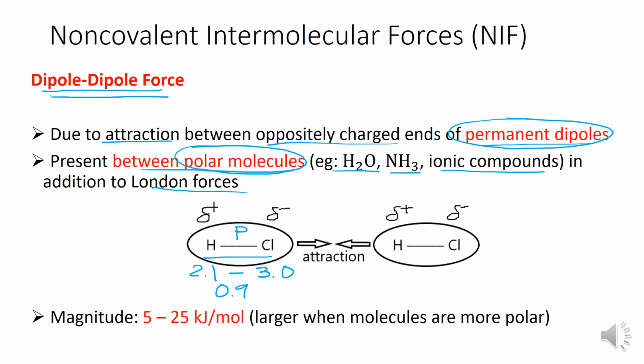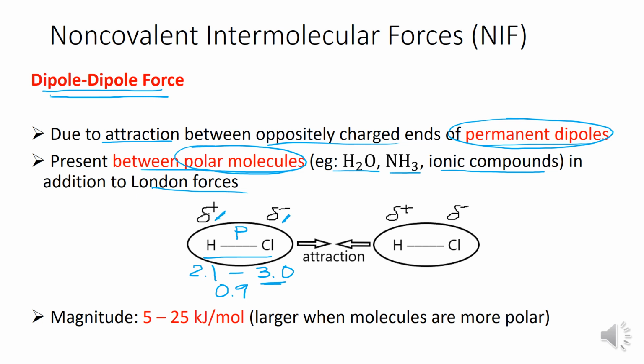Therefore, we have here a permanent dipole. Because chlorine has the higher electronegativity of 3, the end with chlorine is partially negative, and the end with hydrogen is partially positive.